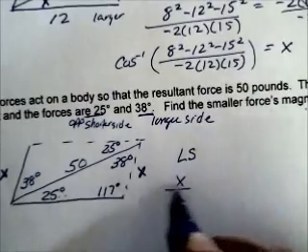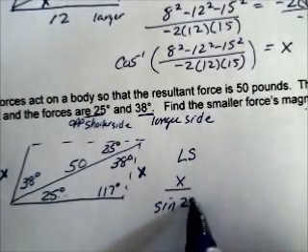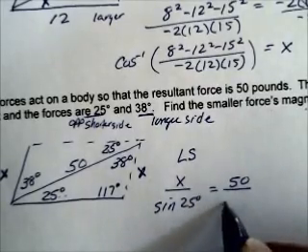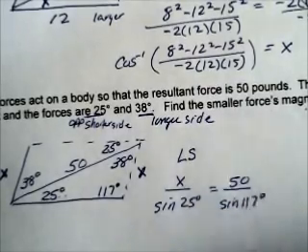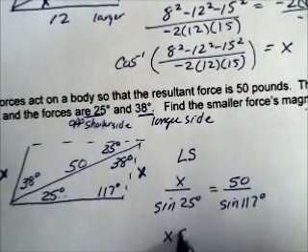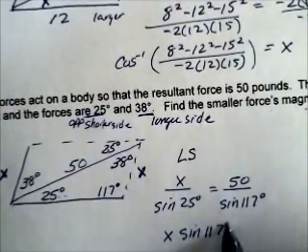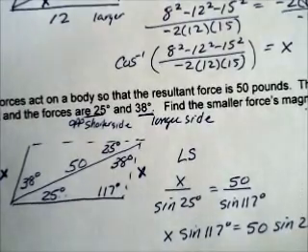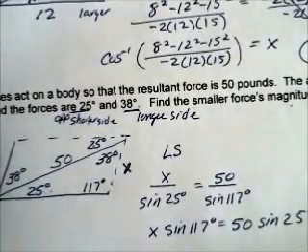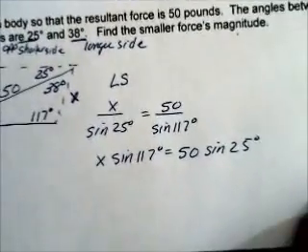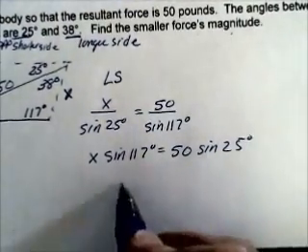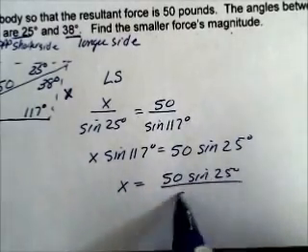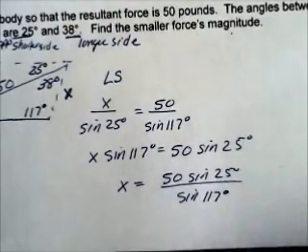x over sine 25 equals 50 over sine 117. Cross multiply: x times sine 117 equals 50 times sine 25. Get x by itself, divide by sine of 117, and we have x equals 50 sine 25 divided by sine 117.